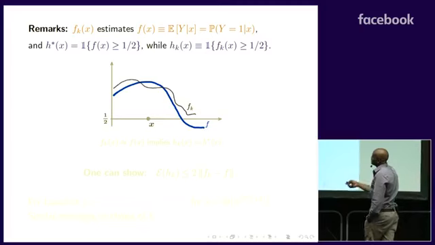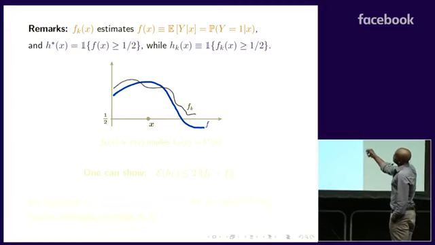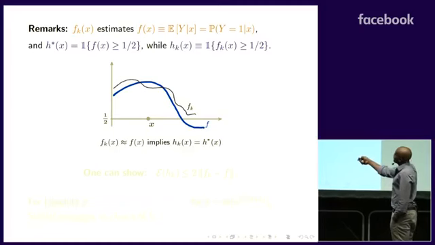Now, let's look at this cartoon. Here is x. Here is f, which is the probability that y is equal to 1 given x. Here is f, how it behaves over the space. Here is 1/2. The Bayes classifier, in all this region, f is above 1/2, so it will return 1. Now, you can tell right away that as long as f_k is somewhat close to f, then the value of h in this region will be the same as h star.